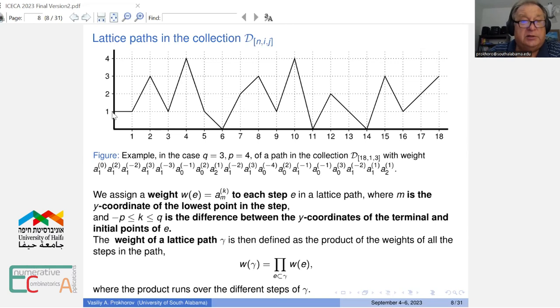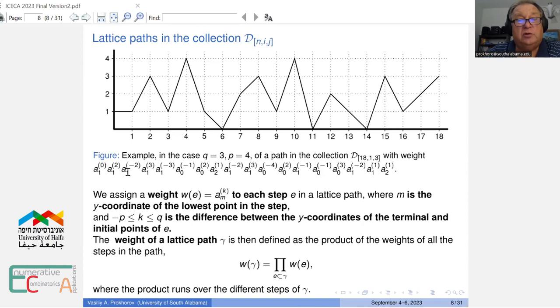For example, the first step is a horizontal step, so the top index is 0 and the lower index is 1, because for all points the y coordinate equals 1. For the next step, we have a jump 2 units up, so the upper index is 2, and the lower index is 1, because the y coordinate of the lowest point is 1.